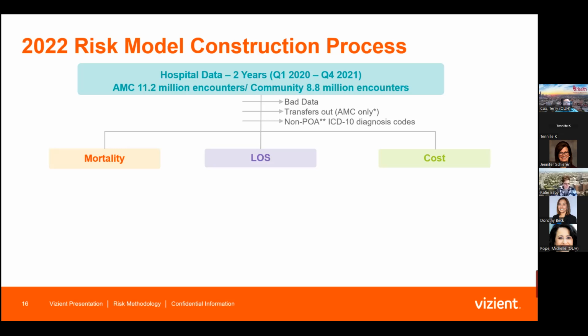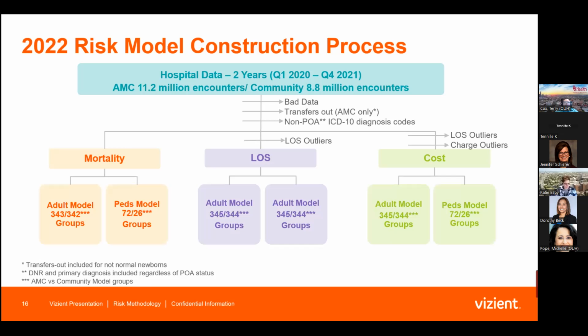We recognize that there are instances beyond the hospital's control, and to ensure the stability of the risk models, we take out length of stay and charge outliers for the length of stay and cost metrics. So now we have 6 models, 3 outcomes for the AMC and the community populations. Then the data sets are further broken down into adult and pediatric modeling populations, and then into different model groups. After that, we take our candidate variables and apply those to the modeling data set.